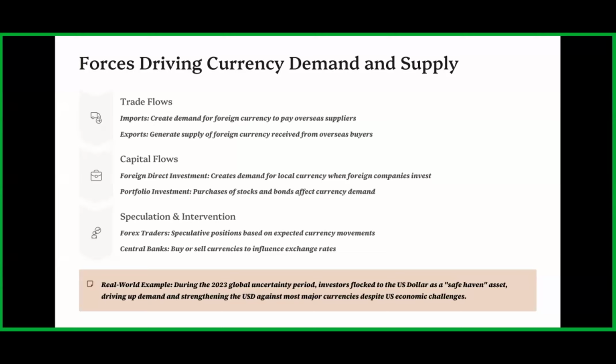So this is how the central bank influences the exchange rate.